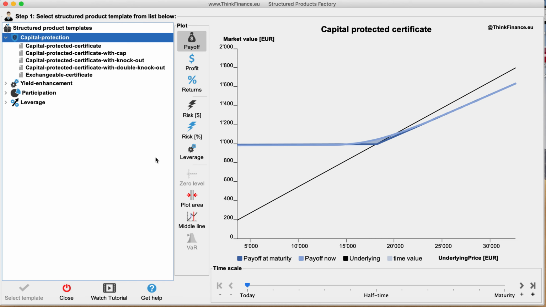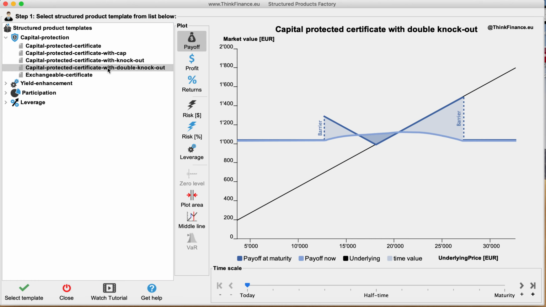Let's take a look at the last example, the capital protected certificate with double knockout. This is really an interesting payoff because you can see it has some parts with positive time value, which is the dark shaded area, and in some areas it has a negative time value, which is the light shaded area.